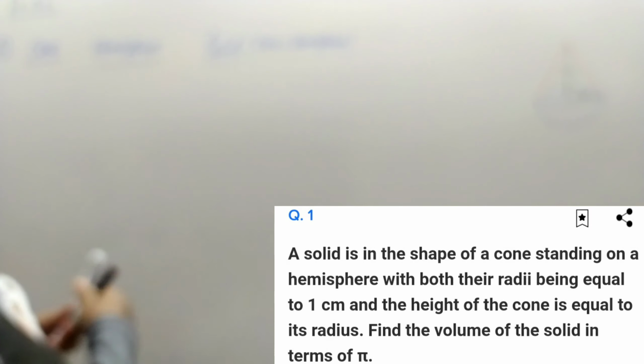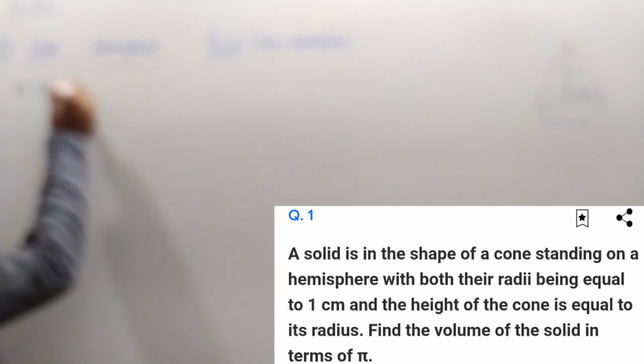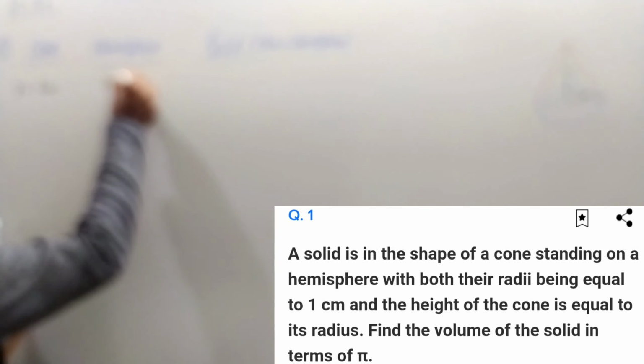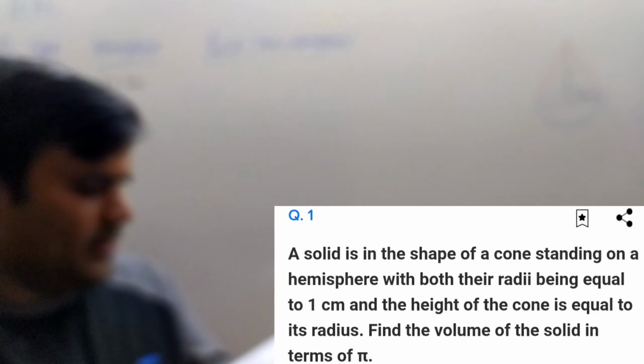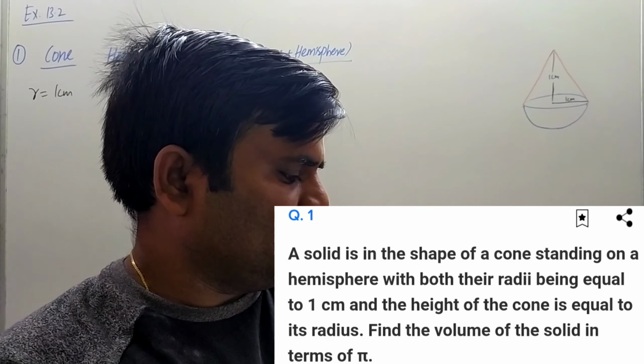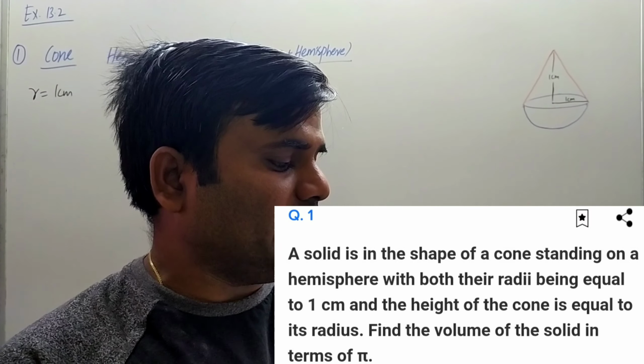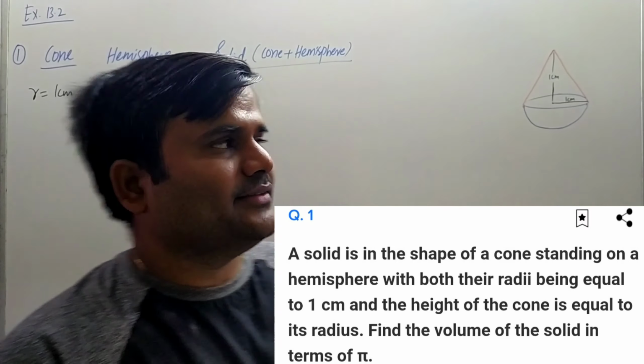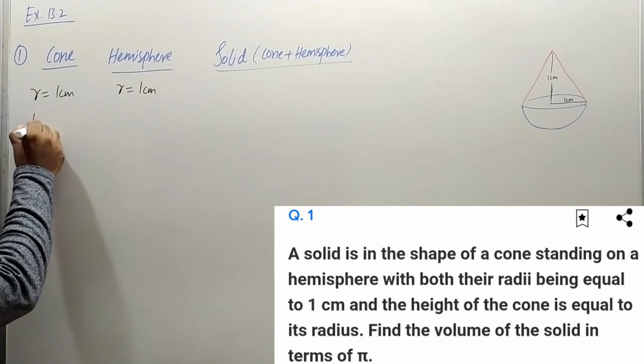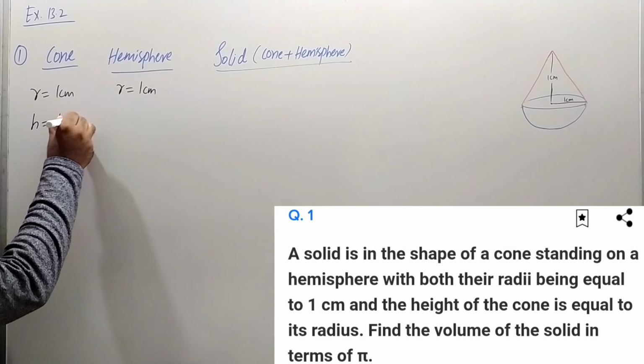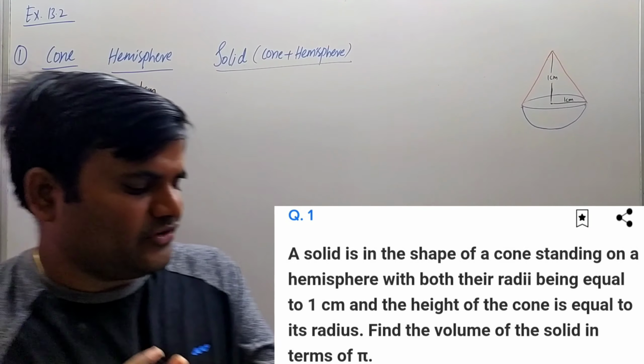So here the radius of the cone is 1 centimeter and the radius of the hemisphere is also 1 centimeter. The height of the cone is equal to its radius. So these are the given information.